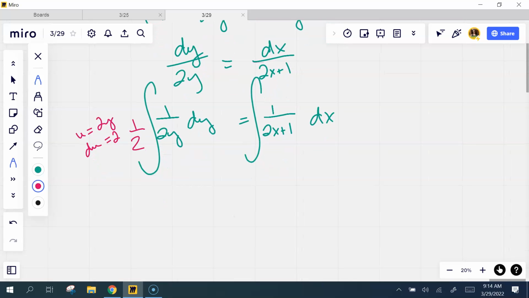The integral here would be 1/2 the log of u, which is 2y. Again with the 1/2, the log with my plus c.